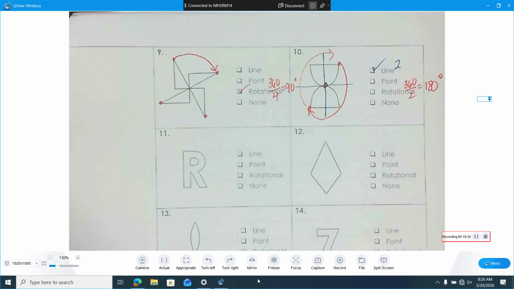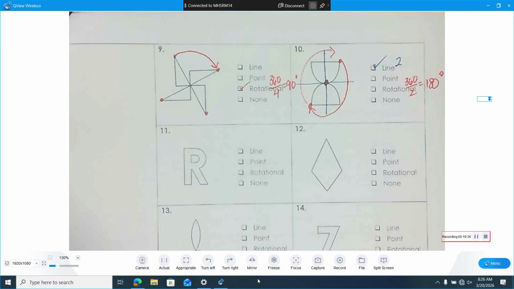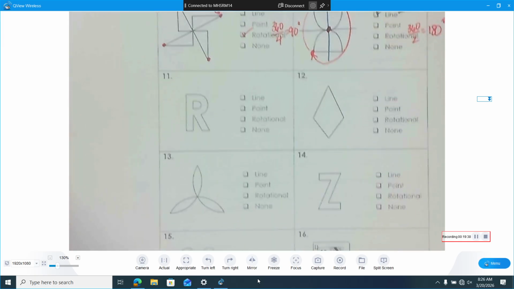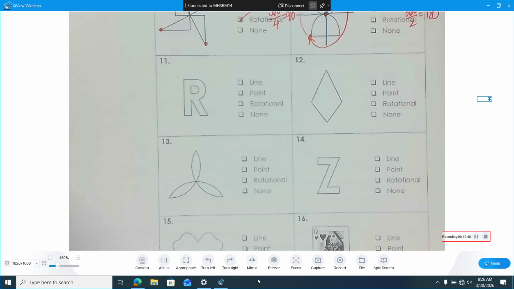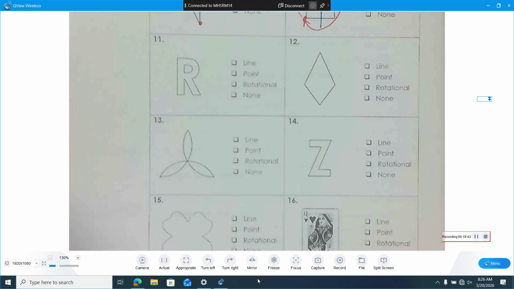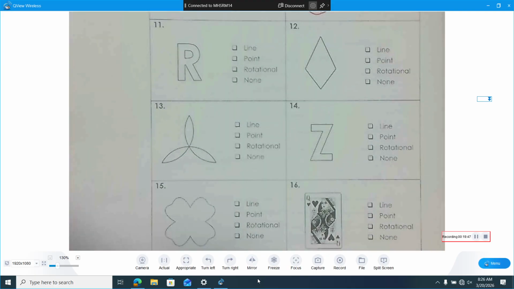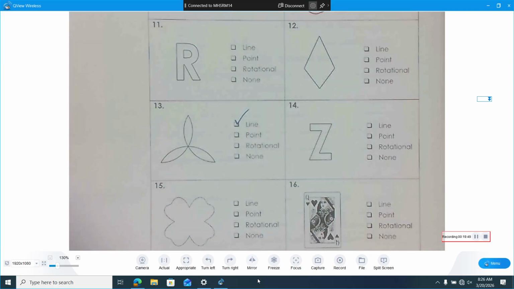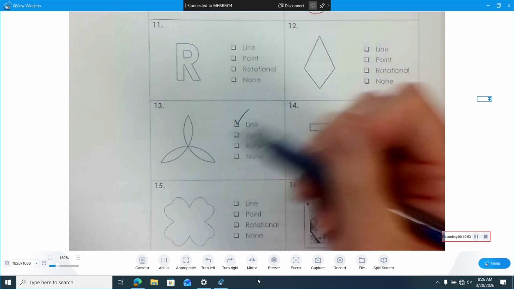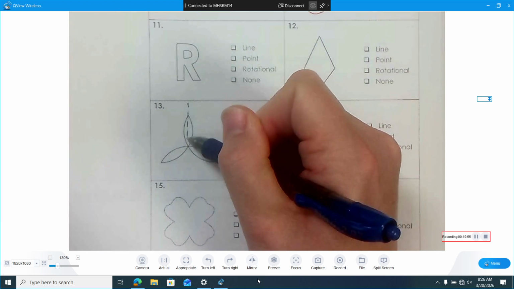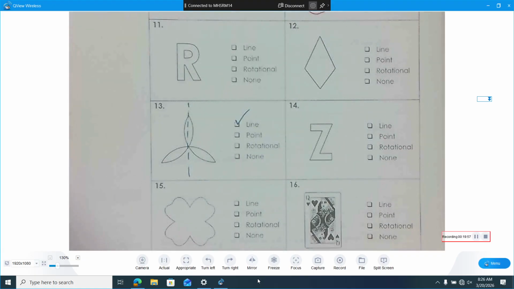Let's go look at number... Well, let's do 13, I guess. What does it have? Line symmetry? How many lines? 3? Yeah. It does have 3. You can imagine, right? Vertical, those petals would all fold right up.